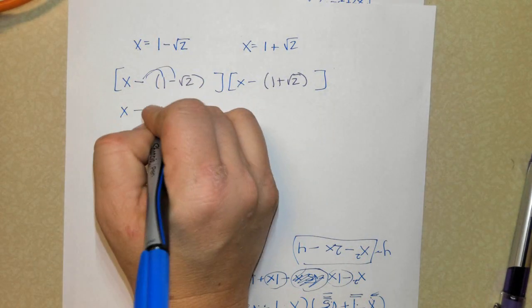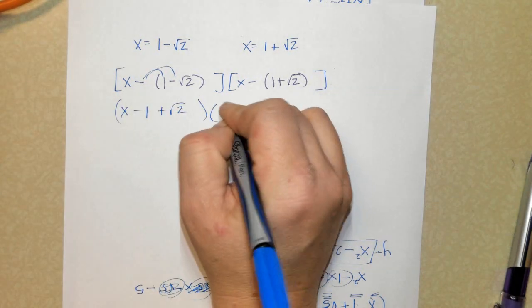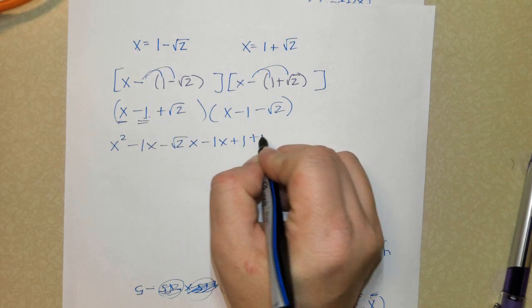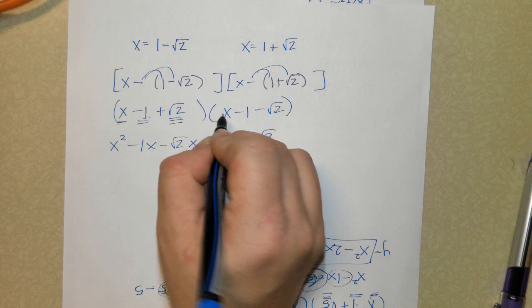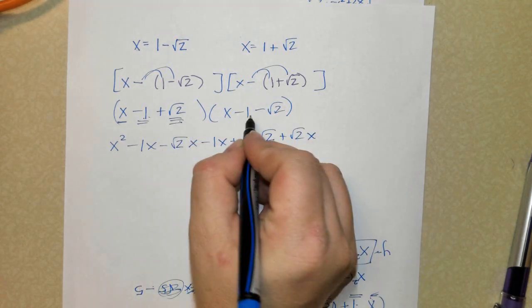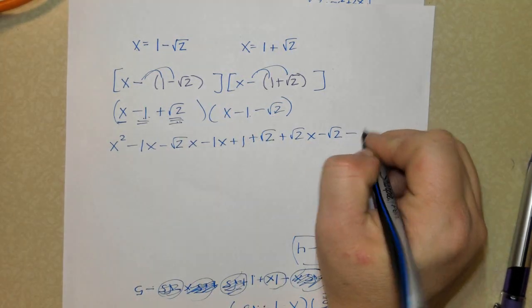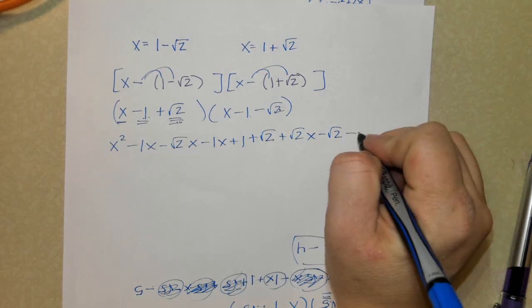Minus 1x, positive 1, positive radical 2, positive radical 2x, negative radical 2, and negative 2 times 2 is 4. The square root of 4 is 2.